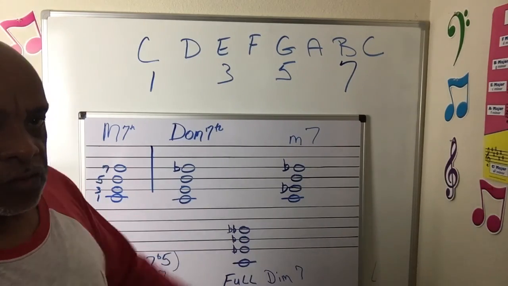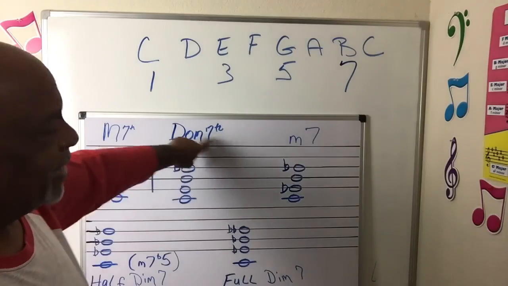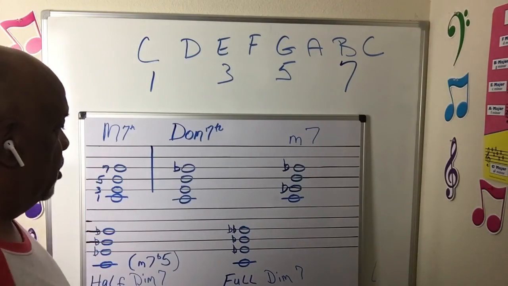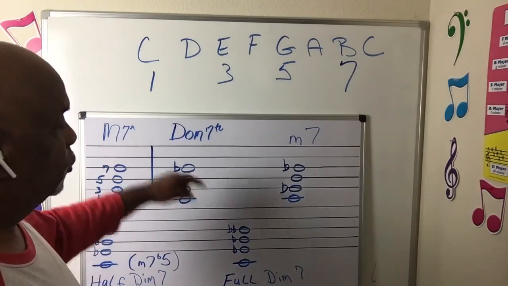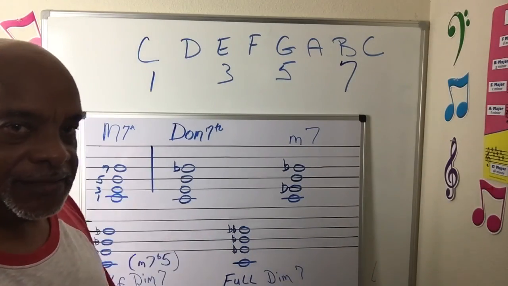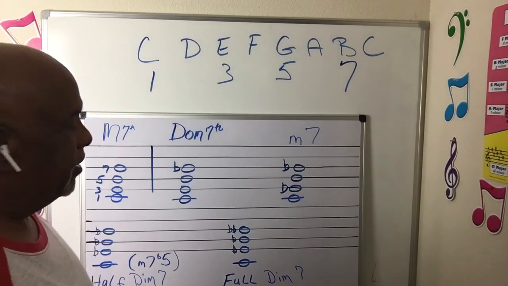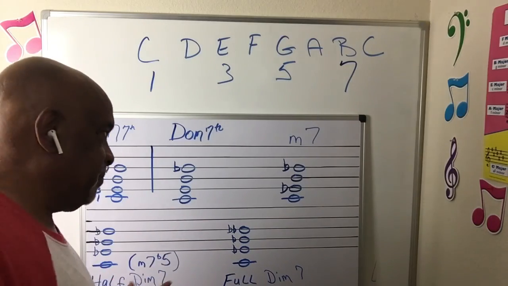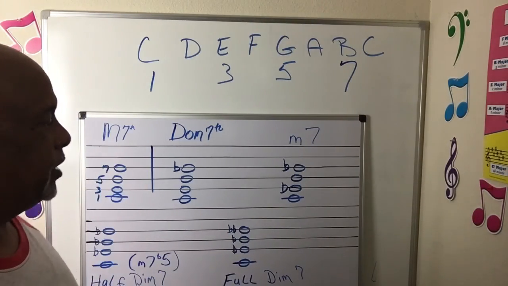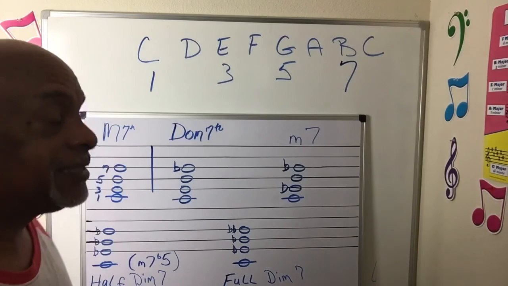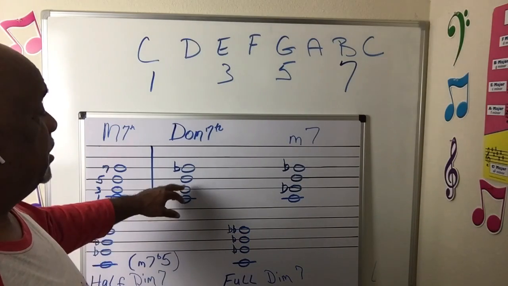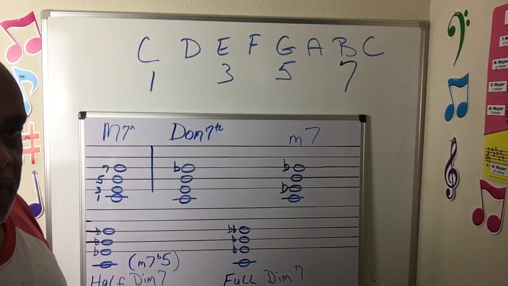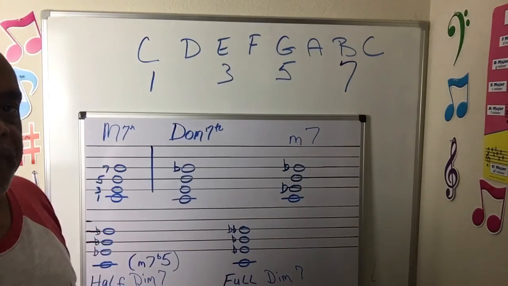Now, let's go to the next 7 chord, which is going to be a dominant 7 chord. For a dominant 7 chord, you lower the 7th a half step. In this case, the dominant 7th chord is C, E, G, and then you flat the B. You lower the B a half step.